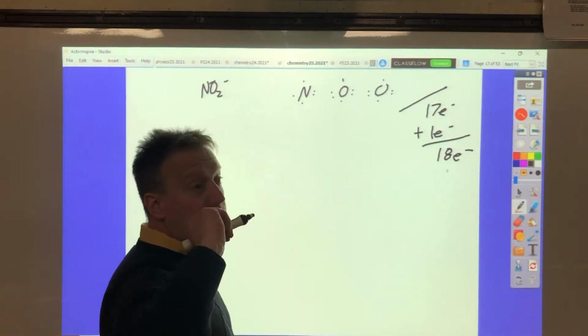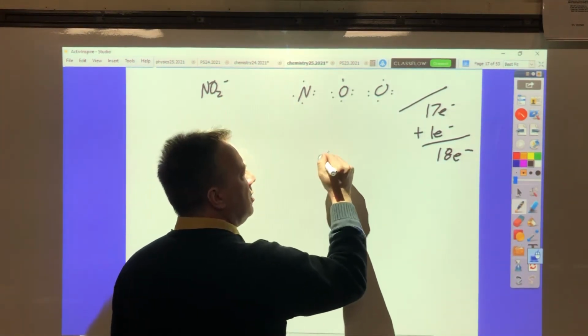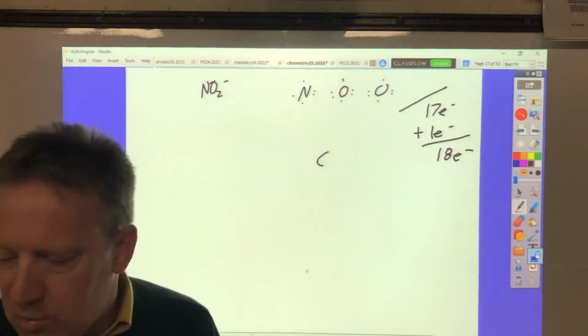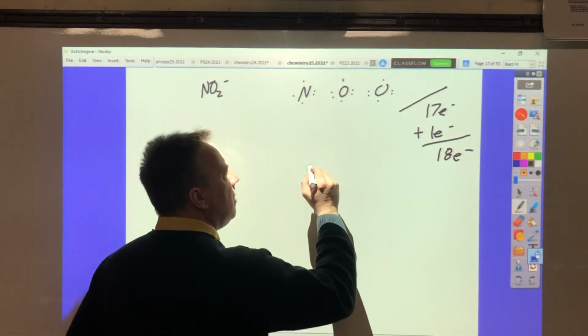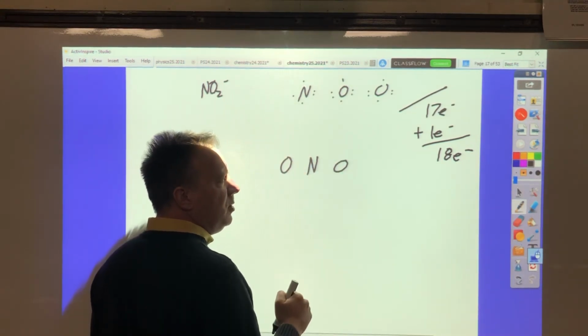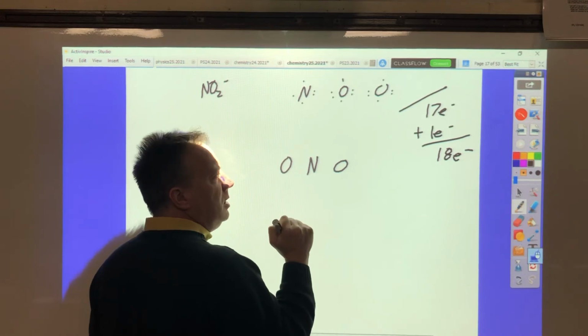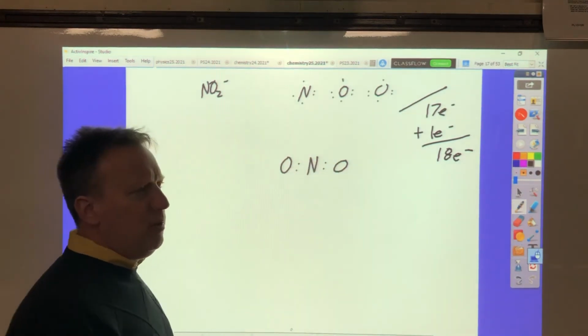Okay, so next we have to pick a central atom. That's the odd guy out. He's closer to carbon. So we'll put nitrogen there, the oxygen on either side, make it the central atom, then skeletal structure. We need shared pairs put in. Then we give everybody 8.